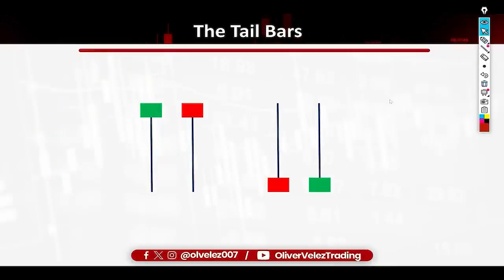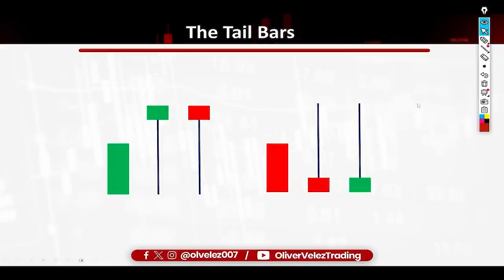So you've got 3 things so far: elephants, tails, and dual tails. Now, how do you know that it's a tail bar? Well, the best tail bars are similar to elephant bars. They're a little larger than your normal bar size, and the majority of the bar is tail. They don't have to be, but the very best ones, the creme de la creme, are relatively sizable.